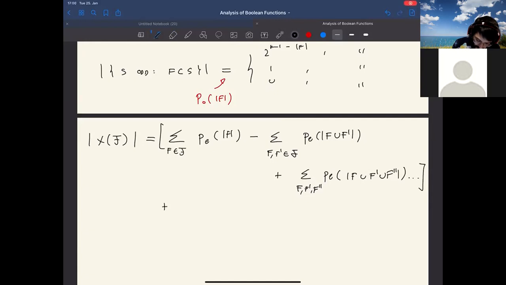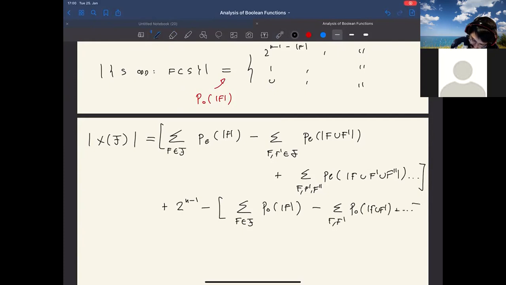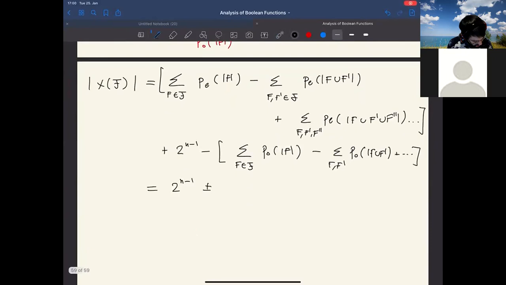And then you have to look at the odd sets. The odd sets cannot contain anybody, which is the same as saying that I'm taking all the odd sets and removing the ones that contain somebody. So it's the same game here, now with the function odd. And so this is 2 to the n minus 1, plus or minus depending on whether n is even or odd.